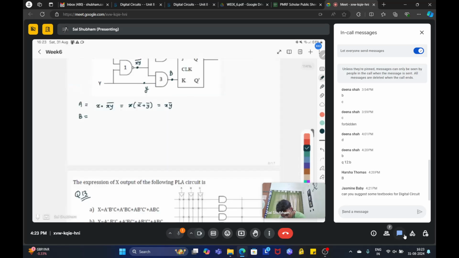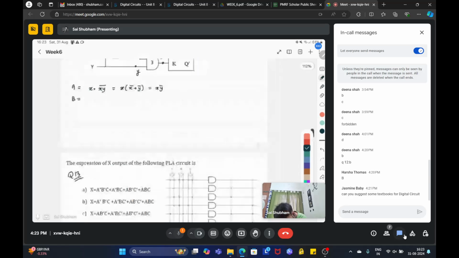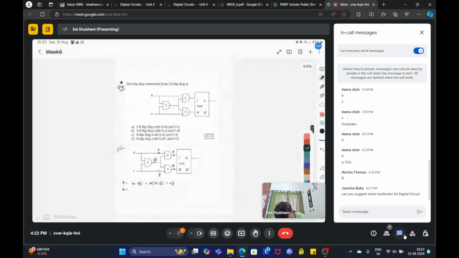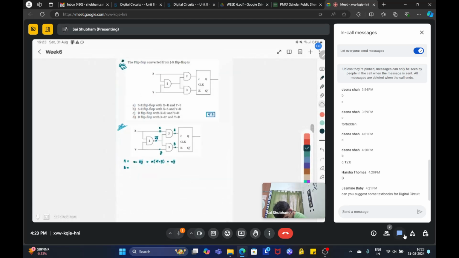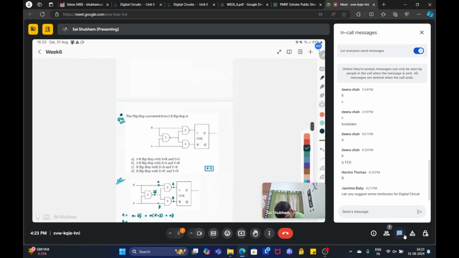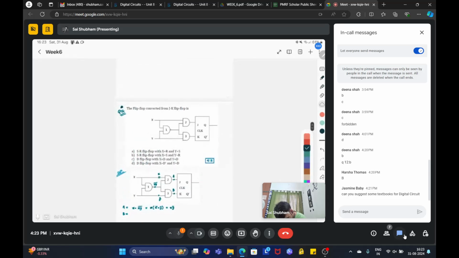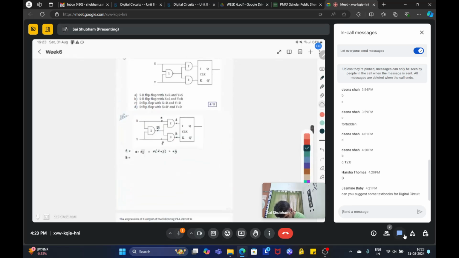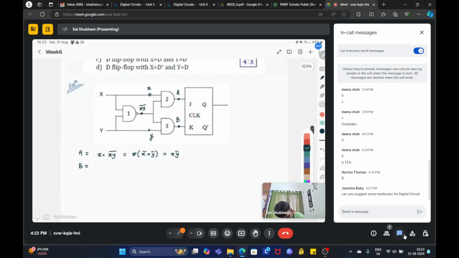B is y dot xy bar, equal to y times x bar plus y bar, equal to x bar y.